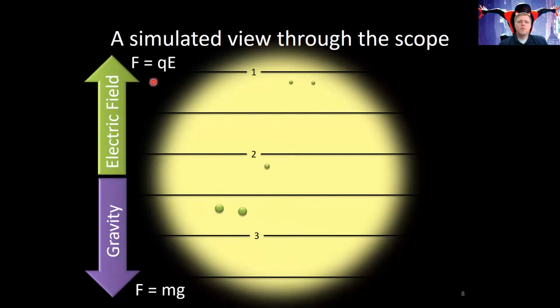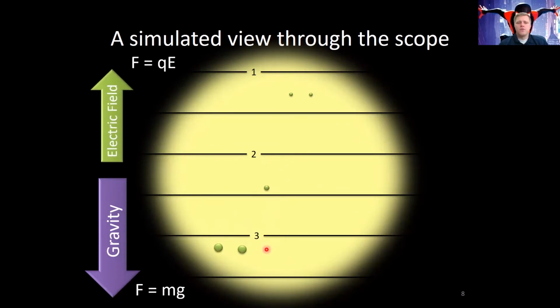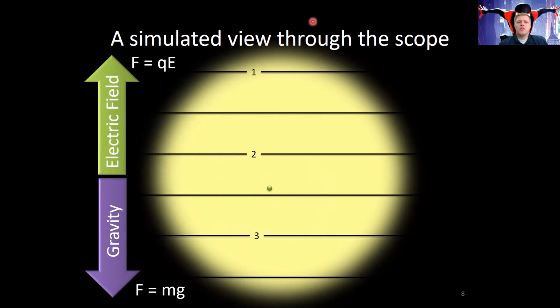So now you have two competing forces here. If the electric field isn't high enough, the droplets will drop off and hit the bottom plate. If the electric field is too high, the droplets will come and hit the top plate. So you need a spot where the electric field and gravity are equally competing. So you can only get a certain type of droplet floating here, one with the right mass to charge.